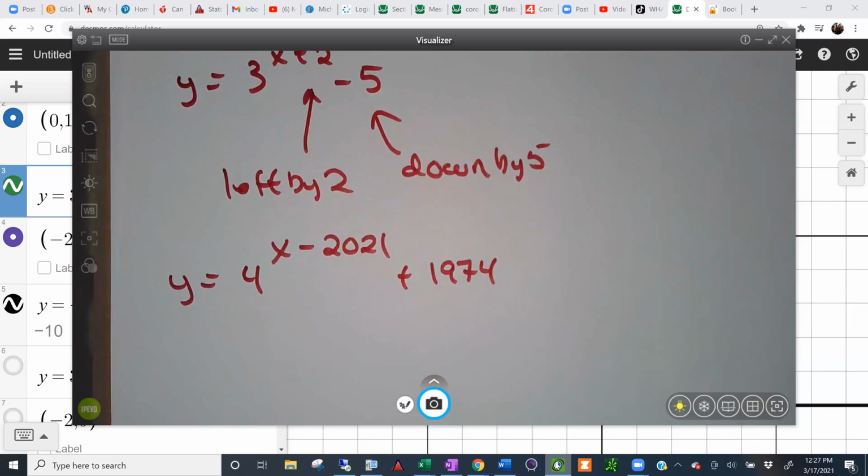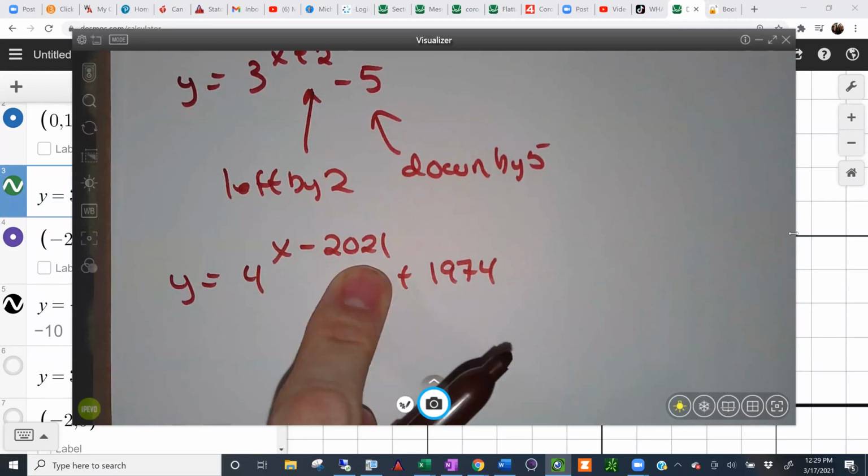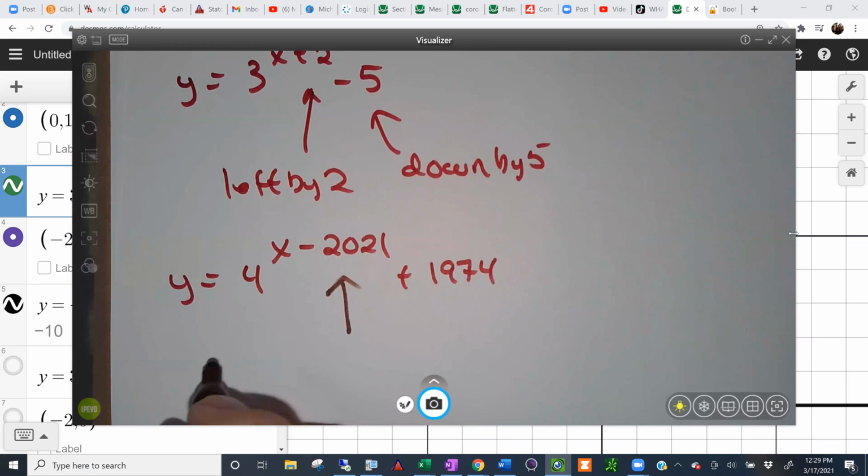Now, if you can get Desmos to graph that, you're probably pretty talented and you'd probably be in another course. So you can't rely on just looking at a graphing calculator, but you should know the basics of how things are shifted. You should be able to tell, okay, this was shifted this way. So why don't you put in the chat again where you think this one was shifted? So the x minus 2021, how does that shift things?